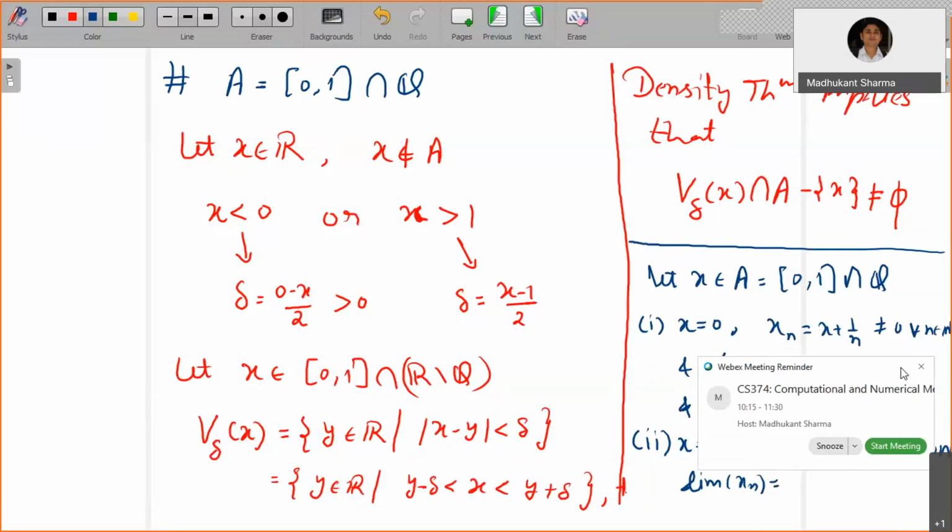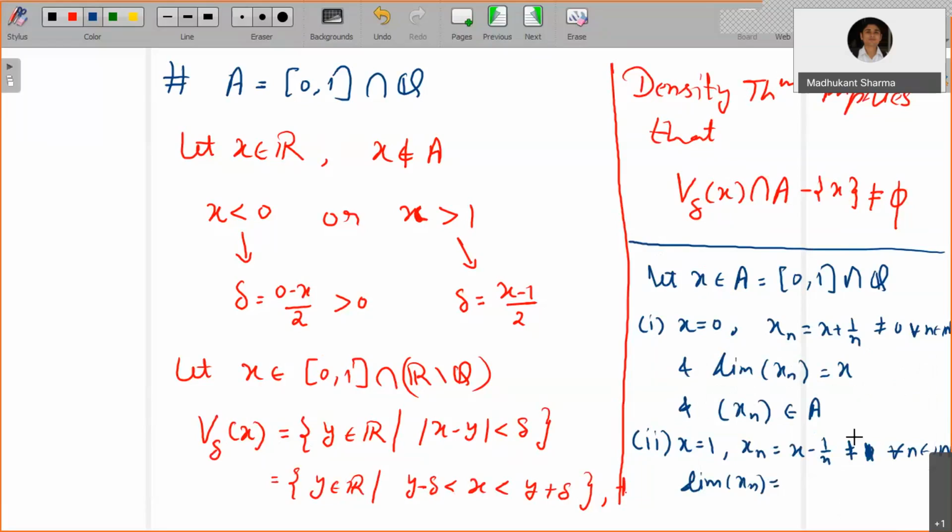The sequence x_n is inside A. So this tells you that 1 is also a cluster point.